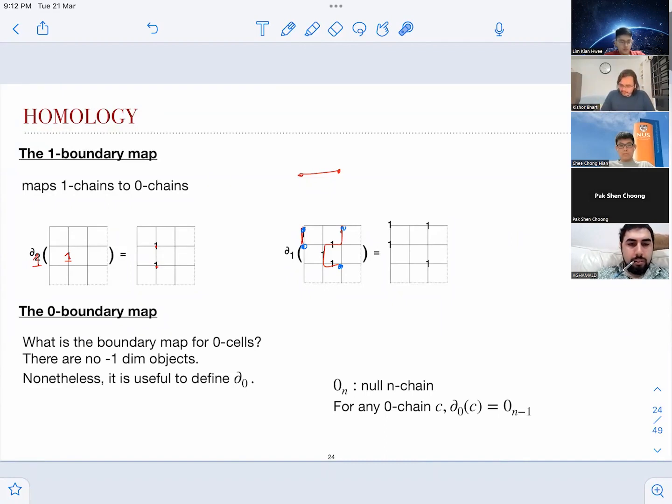So that's nice. So you have 0n, which is like any null chain, and since, for a 0 chain, we know that when you apply the boundary operator, a vertex does not have any boundary. But we will define it as some null chain, which basically means it's an assignment of 0 to all the n-1 dimensional objects.